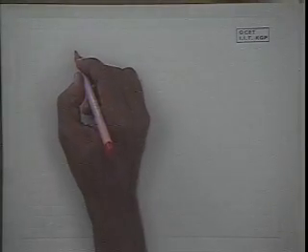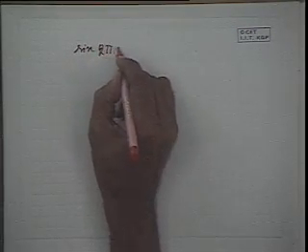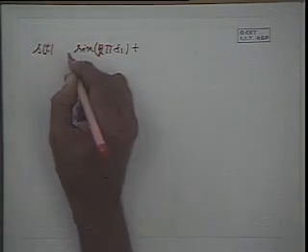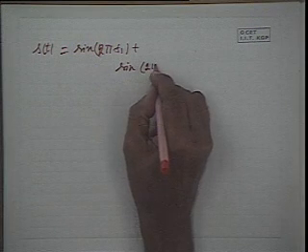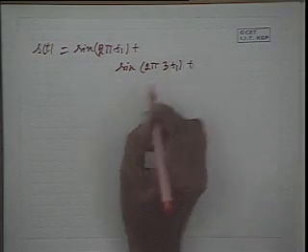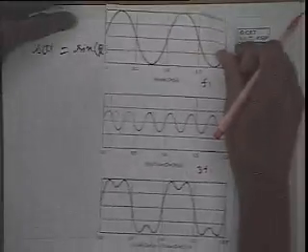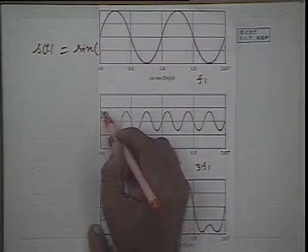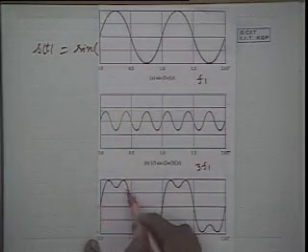Suppose the first signal is sine twice pi f1 into t, and we are combining another signal of frequency thrice of this one, 3f1, but amplitude is 1/3. As you can see, the amplitude here is about 1 volt, and here it is 0.3 volt. So this amplitude is 1/3 of this one, and these two have been combined, and this is being produced.